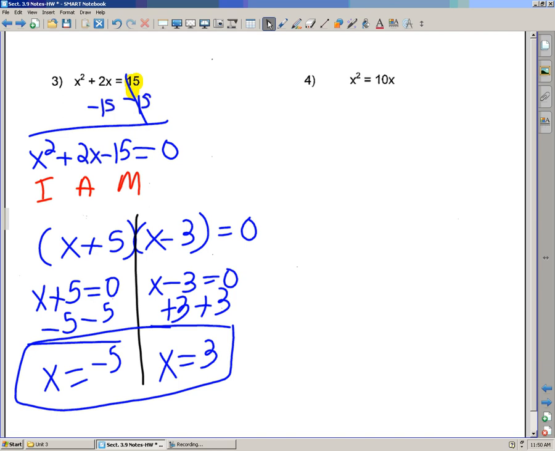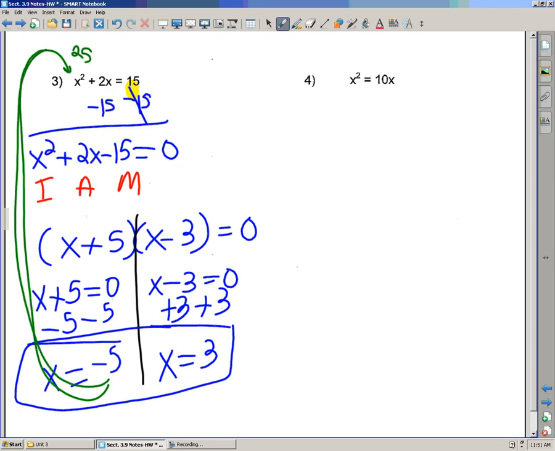So here's how this works. Just going to talk this through. If I were to square negative 5, I'm going to get 25. And then if I were now to multiply 2 times negative 5, I get negative 10. Well, 25 plus negative 10 is 15.